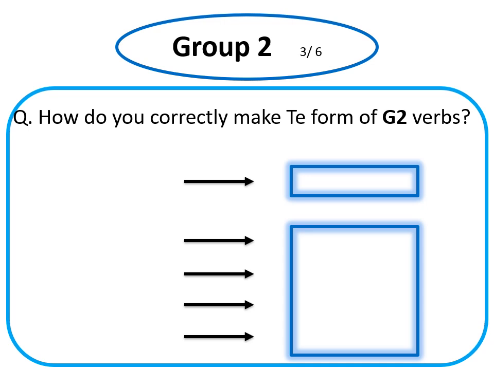This group has the simplest rule. Stem plus te is basically the rule for conjugation for group 2 verbs.